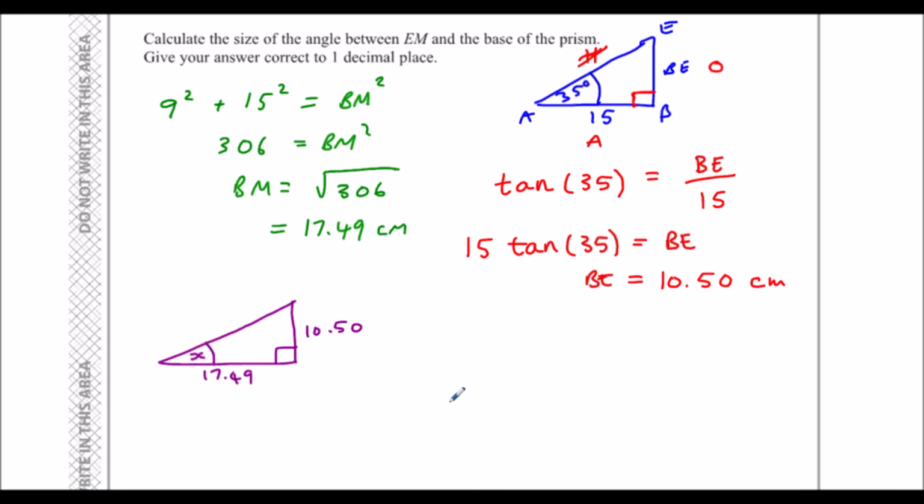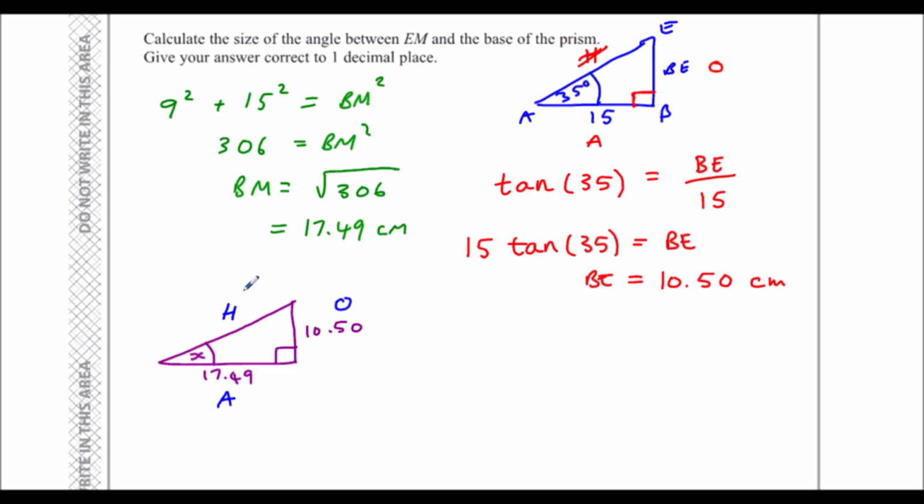So again, we've got a SOHCAHTOA question. We're finding an angle in a right angle triangle. The hypotenuse is the longest side, opposite the right angle. Our 10.5 is opposite the angle, and 17.49 is the adjacent, in between the angle and the right angle.